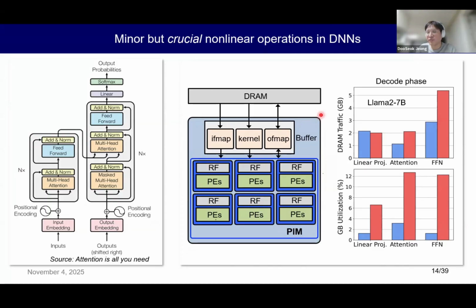You're basically losing the advantage of this PIM because you have to transfer a lot of data. But the philosophy of PIM is actually to minimize the data transfer, right? So yeah, that's clear. You have to do all these nonlinear operations on the same die as the PIM or something.